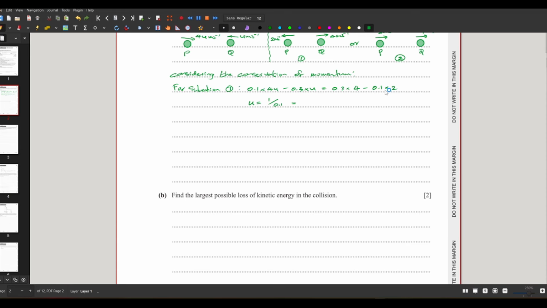In that case you will get 10 meters per second.